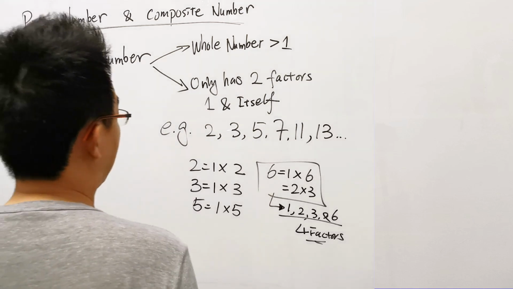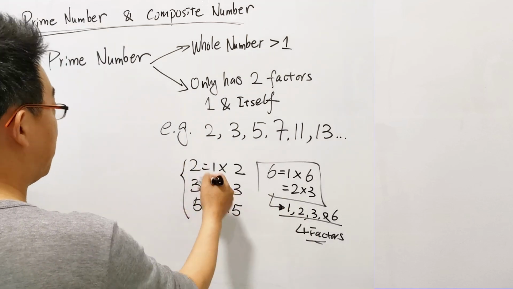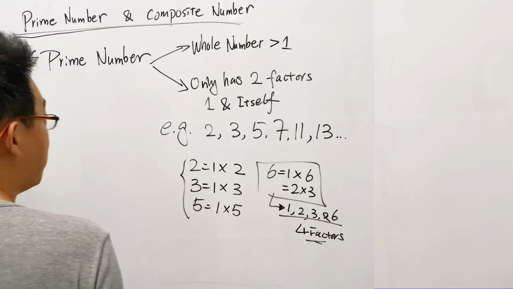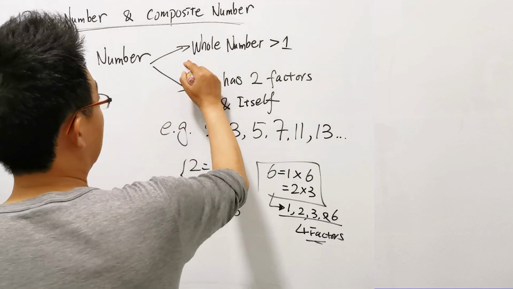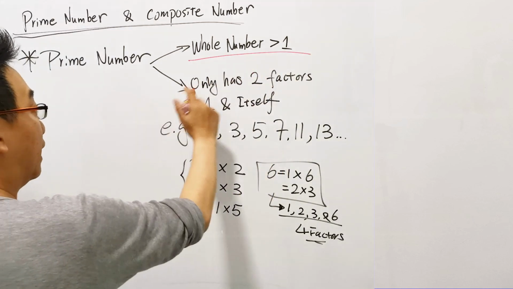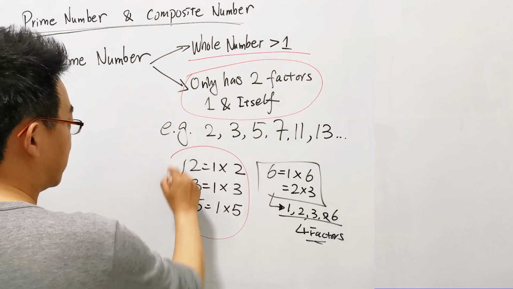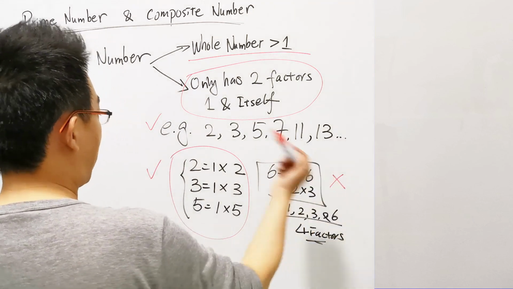So 6 is not a prime number. A prime number is a whole number greater than 1 and only has 2 factors, 1 and itself. Yes, this is correct, and 6 is not a prime number.